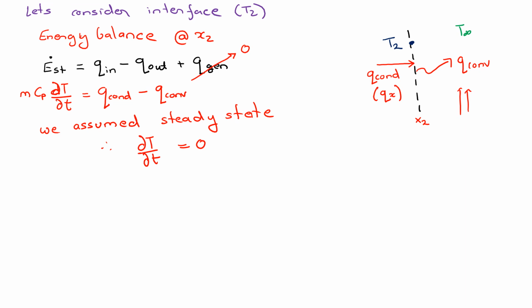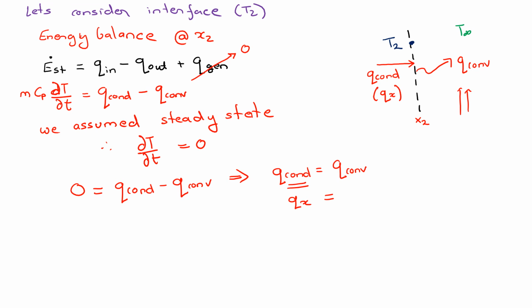Your temperature will not change with time. So your left hand side is 0 and your right hand side is Q conduction minus Q convection, which means that your Q conduction equals Q convection, and your Q conduction is nothing but your Qx. So your Qx will be equal to Q convection.